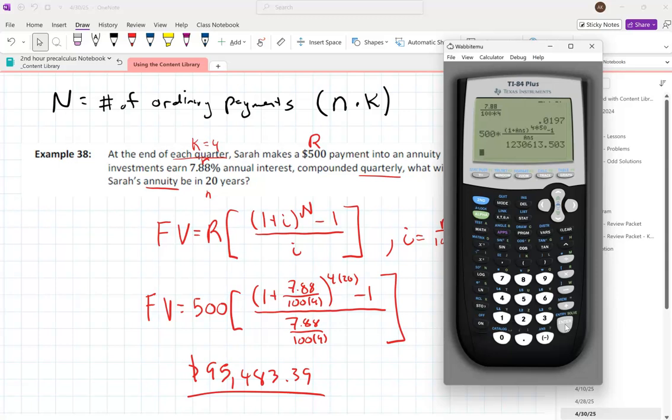We'd call Sarah a millionaire. $500 saved 4 times a year at a humble 7.88% interest, like an index fund or mutual fund level return, pretty average to good level return. 50 years later, she is a millionaire. But she needed 50 years to do it.